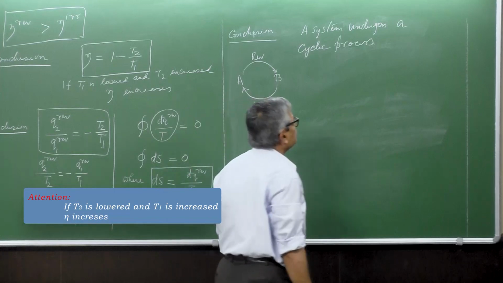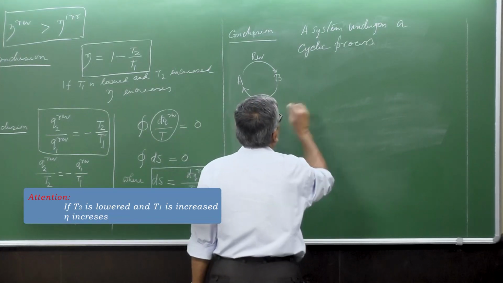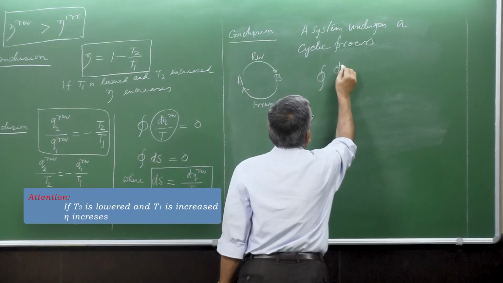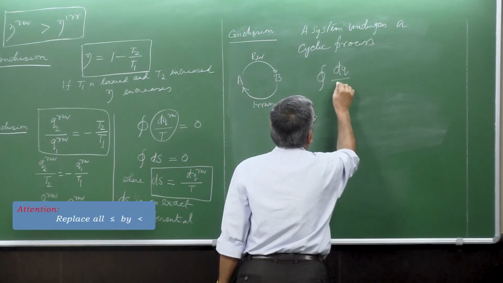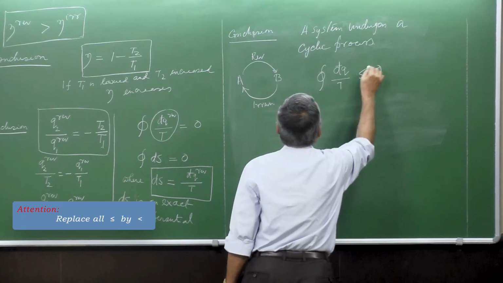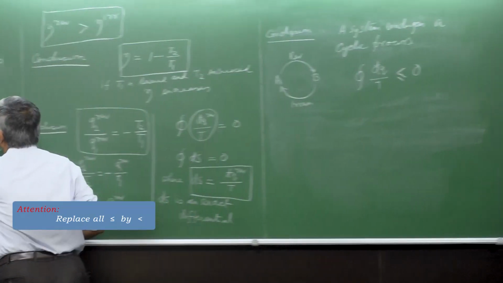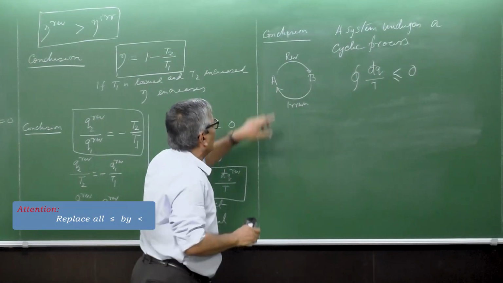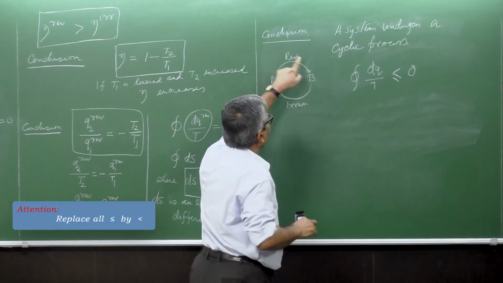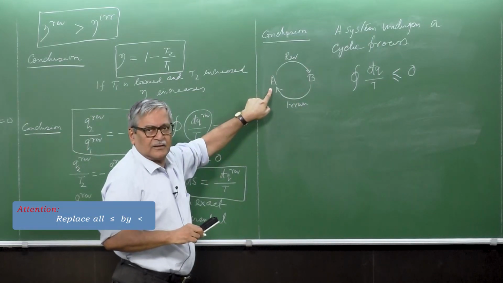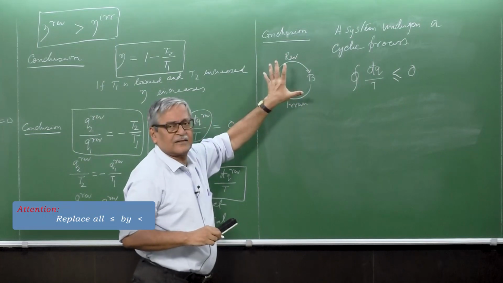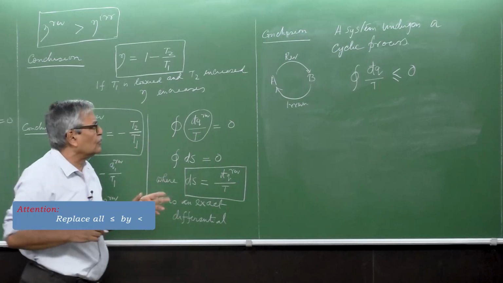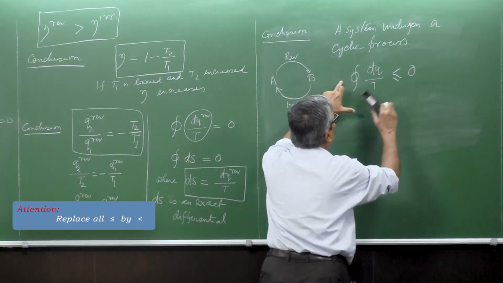Now, what should be the thing? We know that the cyclic integral of dQ by T is less than or equal to 0. This is my general conclusion when dQ is not specified, because for this part, the entire cycle becomes irreversible. If part of the cycle is reversible, that doesn't mean the cycle is reversible. The entire cycle is irreversible, so this condition holds good.